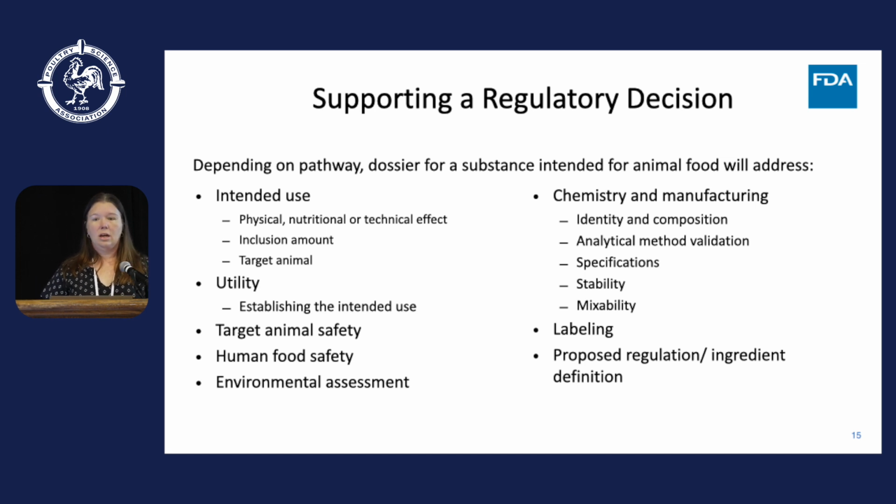And then mixability: we're putting these substances into animal feed and water, so we want to make sure that the substance is homogeneously applied across the feed so that each animal is getting its intended amount.